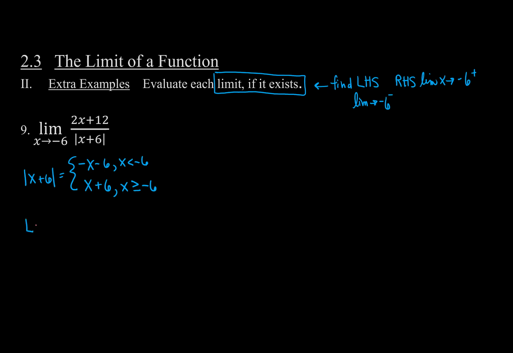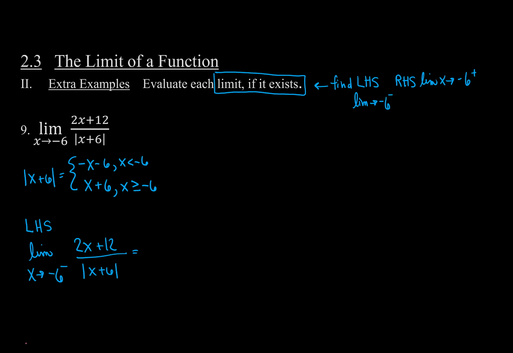So if I were to do the left-hand side limit, I would look at the limit as x approaches -6 from the left of 2x plus 12 all over the absolute value of x plus 6.